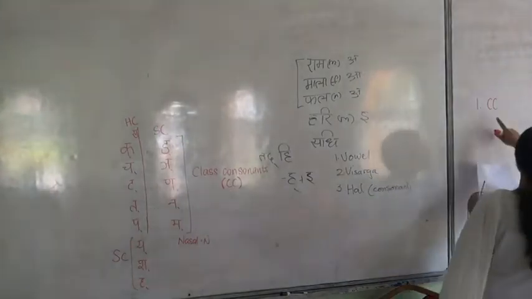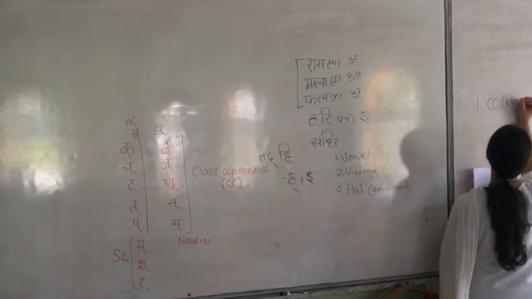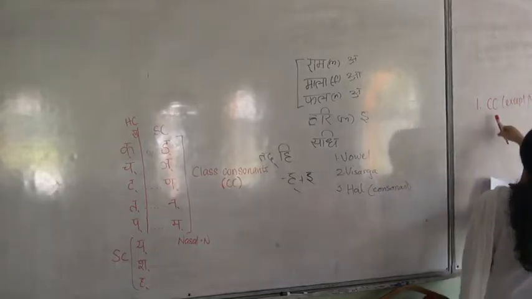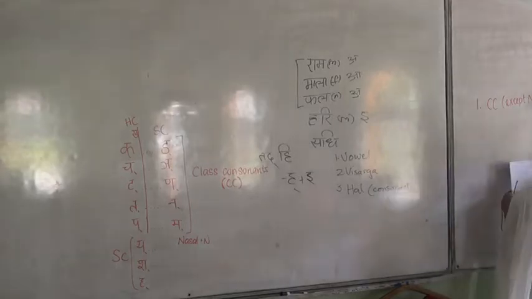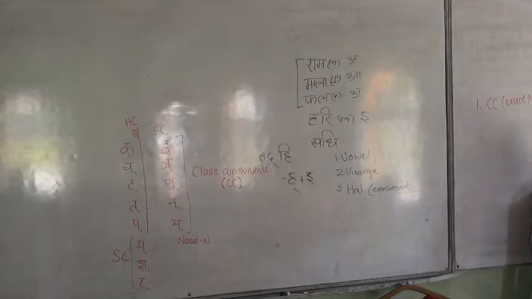So if you have a class consonant except a nasal at the end of a word and it's meeting a vowel or a soft consonant, then what happens is that the class consonant changes to the third letter.